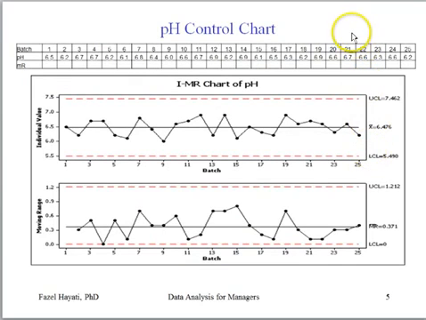Here is an example from a chemical process. A sample from 25 batches of a particular chemical has been selected and tested, and these are the pH values. As you can see, this process is also in statistical control, and based on the last 25 batches, the pH average is about 6.5, and the range of variation in pH values is between 5.5 to 7.5.